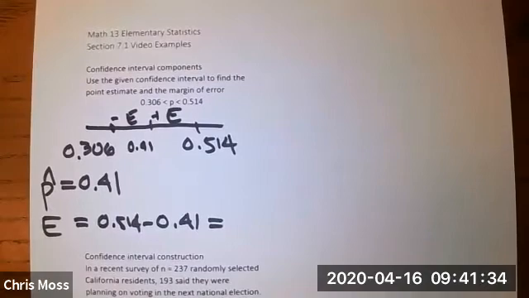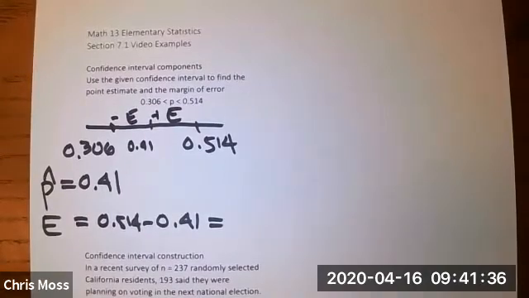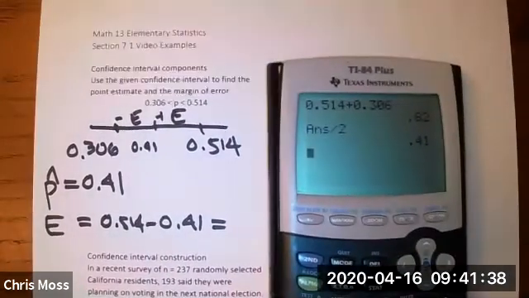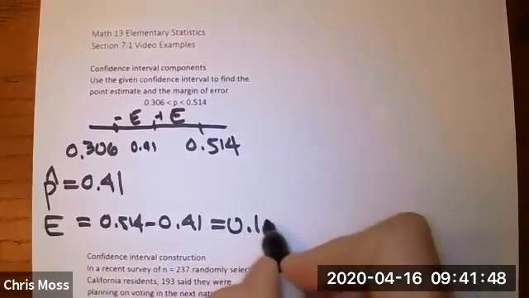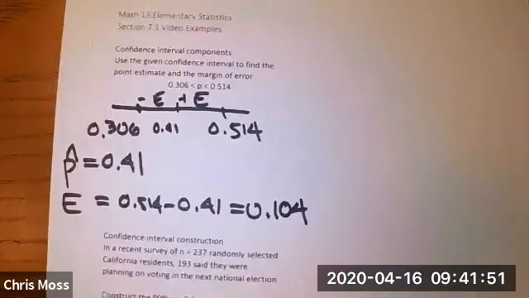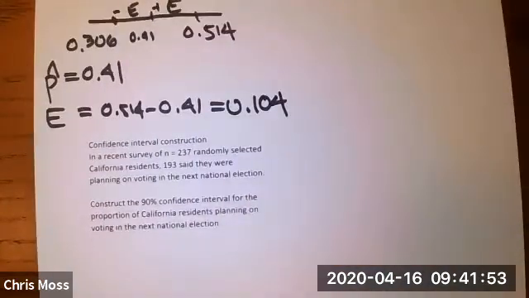The calculator already finds those for us, but sometimes we need to pull out the margin of error. So 0.514 minus 0.41, and we have 0.104. So my margin of error is 0.104.